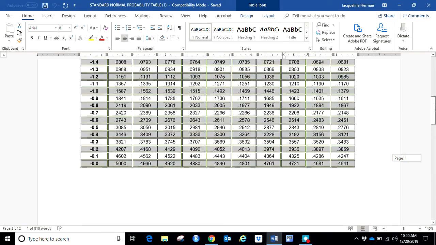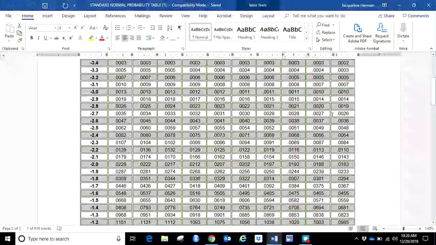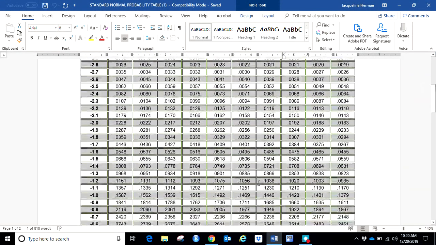So going to my negative page, again, I'm going to go down that first column looking for my jump of 0.125, which happens somewhere between 0.115 and 0.1357. Working over to find the closest thing we got, we find this 0.1251.